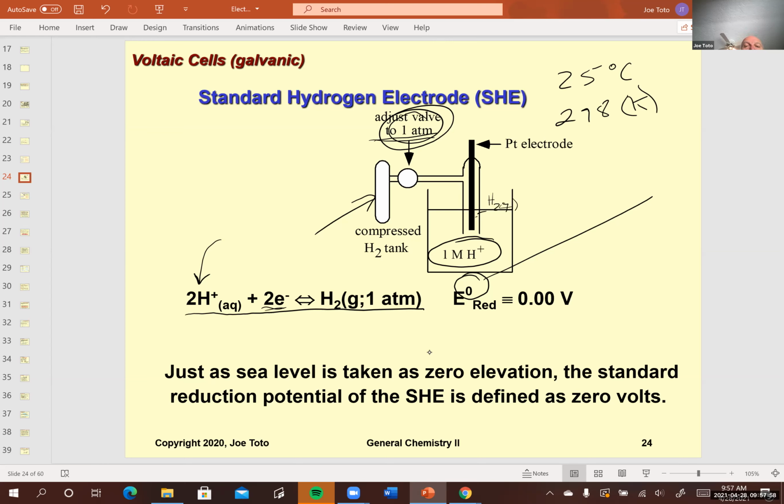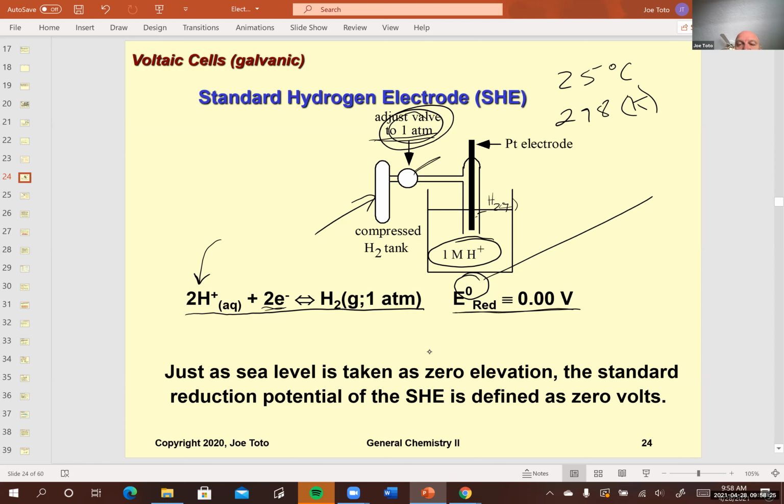Okay, and then if the pressure goes above 1 atmosphere, this valve lets gas out. But anyway, it's written as a reduction, and we define this cell potential as being 0. So that's our starting point.